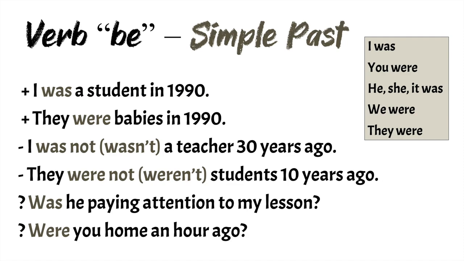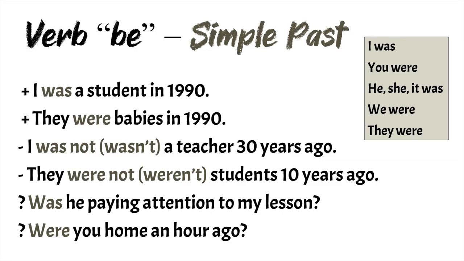First of all, let's review the verb to be. I was, you were, he, she, it was, we were, they were. Let's make an example. I was a student in 1990.